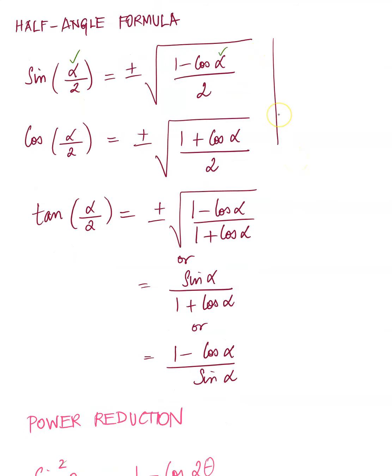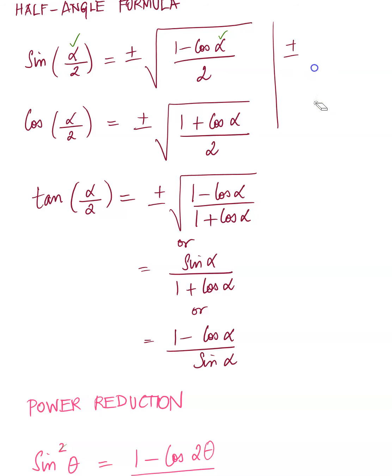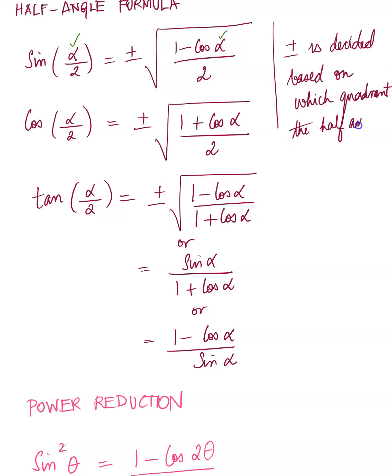We choose the plus or minus based on which quadrant the half angle lies, where the alpha over 2 lies.